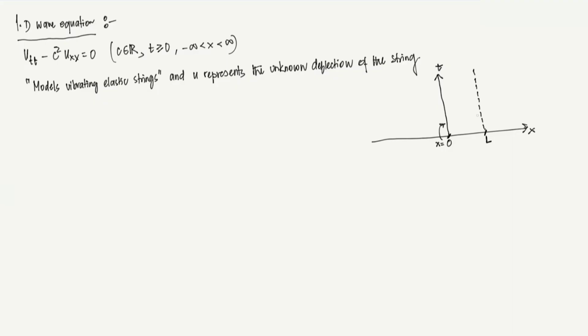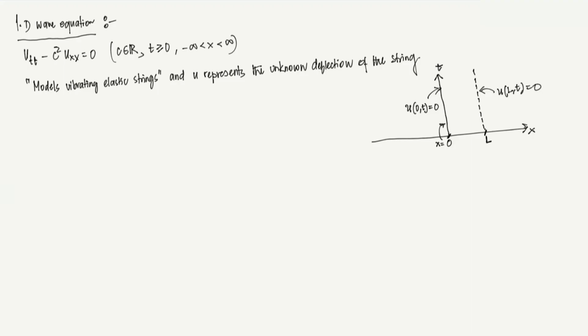There will be two boundary conditions given here. u at the point (0, t) is going to be 0, and u at x equals L, that is u(L, t), is also going to be 0, for all t greater than or equal to 0.